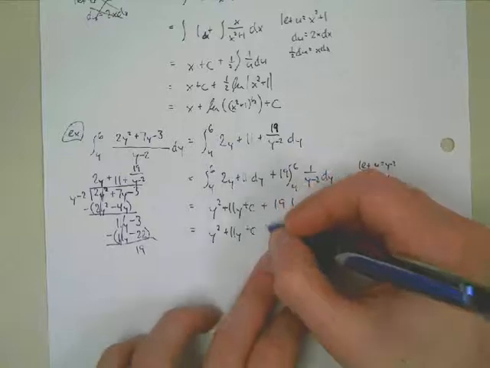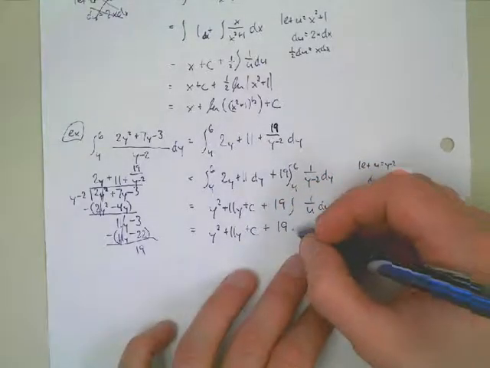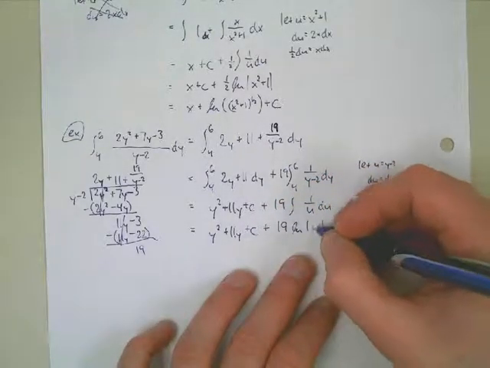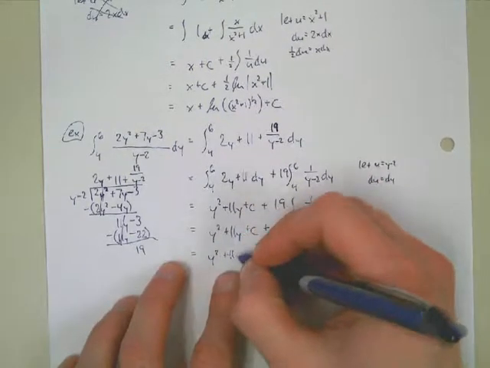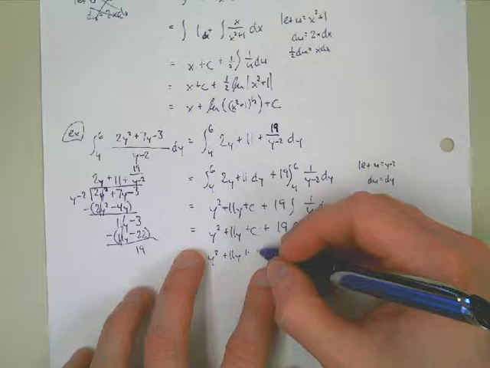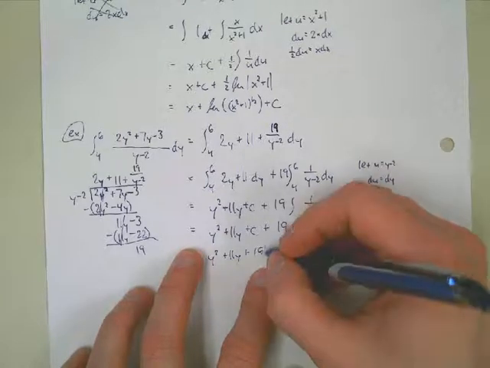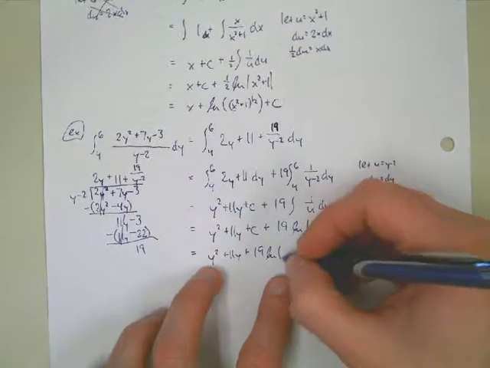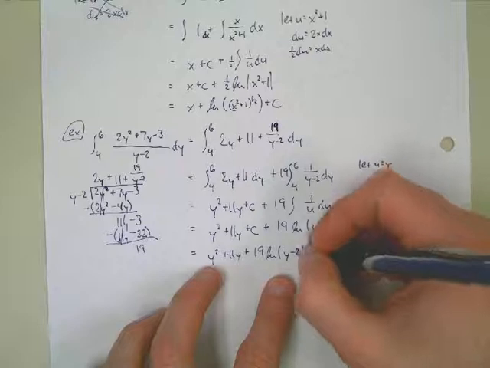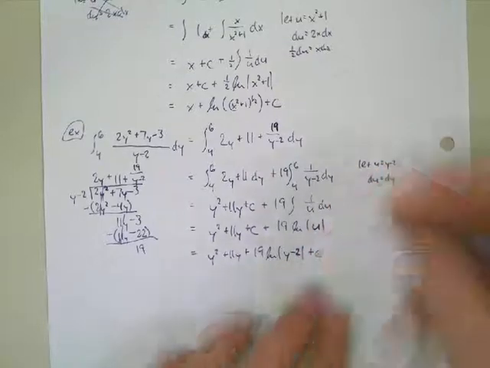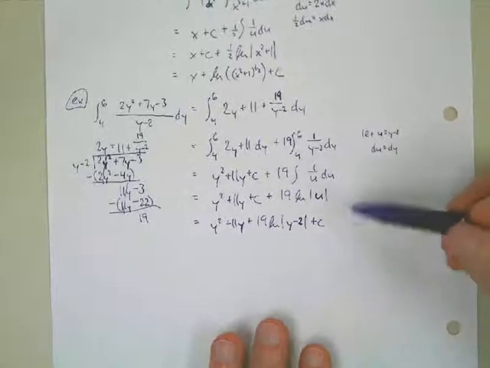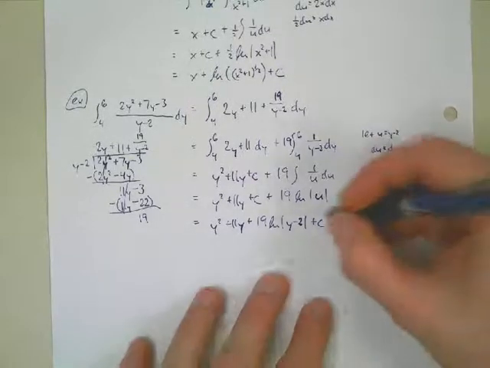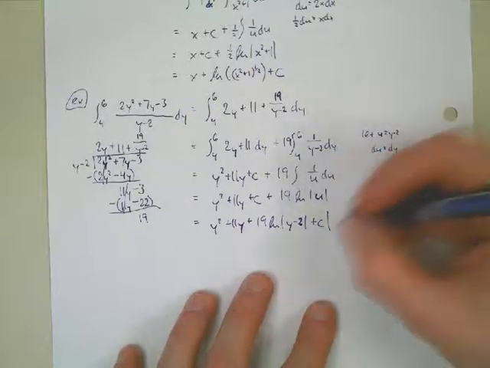So it'll be 19 natural log of the absolute value of u, which is then 19 natural log of the absolute value of y minus 2 plus c. Okay. And evaluate that from 4 to 6.